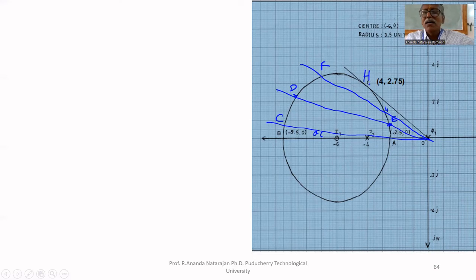What is that zeta value? Measure this angle theta.